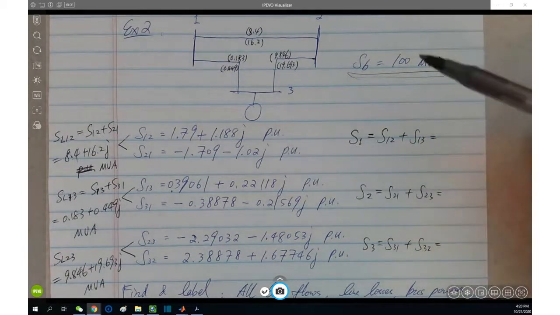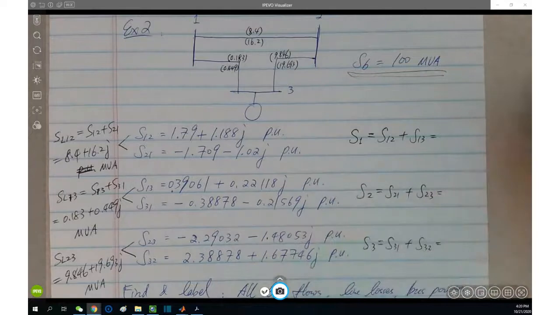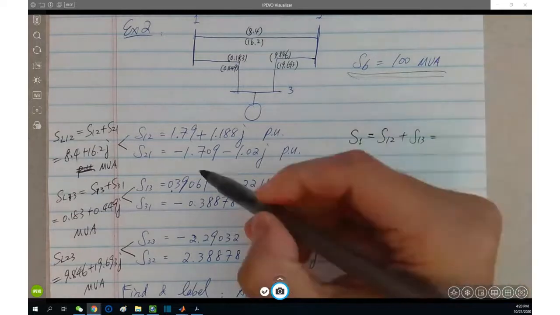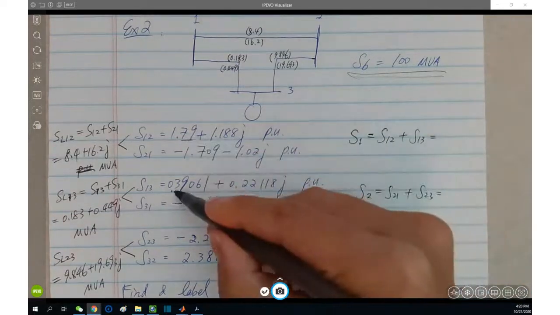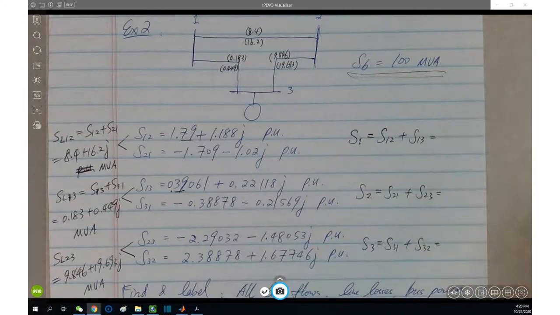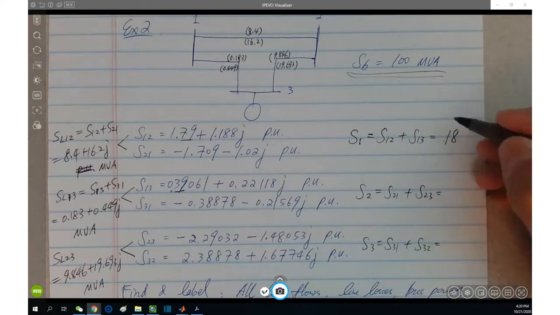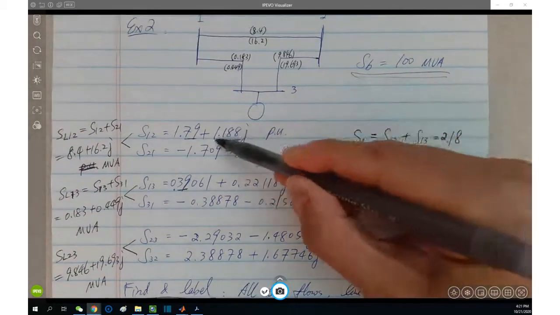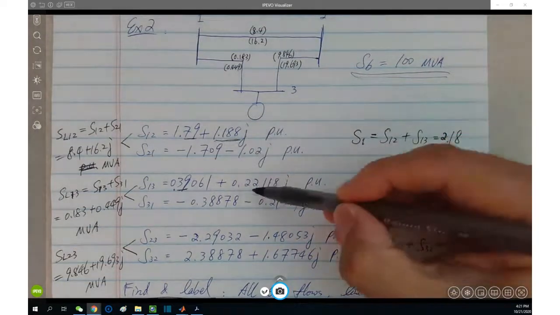S12, 13, you sum them up, and then you end up with, well, the digits are a little bit too many. You can just use 2 digits here and 2 digits here, and that's fair. End up with 2.18 as active power in per unit, and 1, 2 reactive, and 1, 3 reactive.